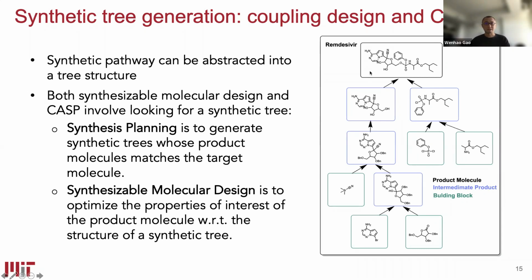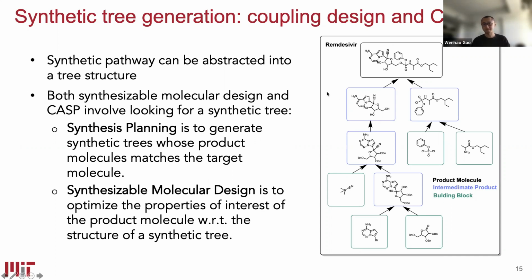A valid synthetic path to a target molecule, like what I'm showing here, can be abstracted as a tree structure, where all of the leaf nodes should be viable building blocks that are available in the chemical market, and the root node is the product molecule. And each link between the nodes should represent a valid chemical reaction.